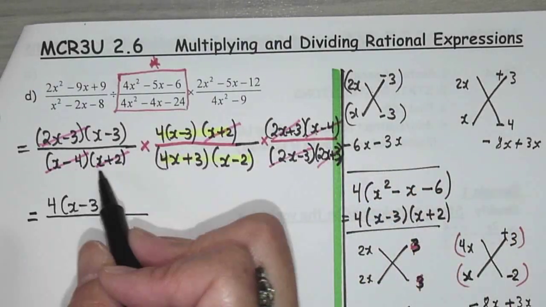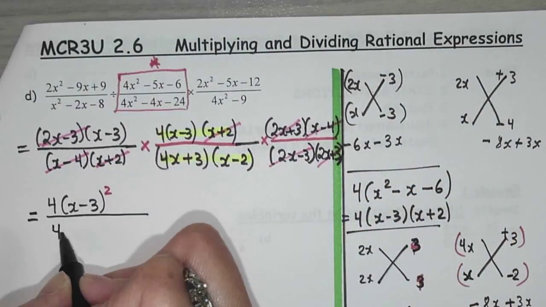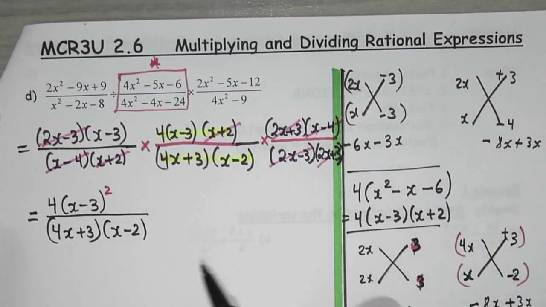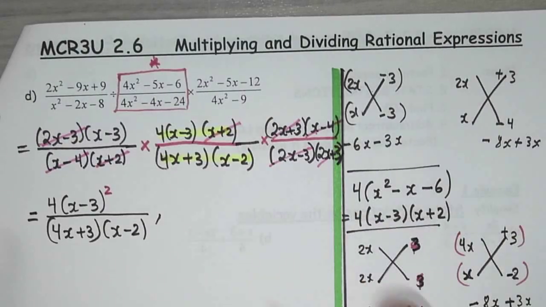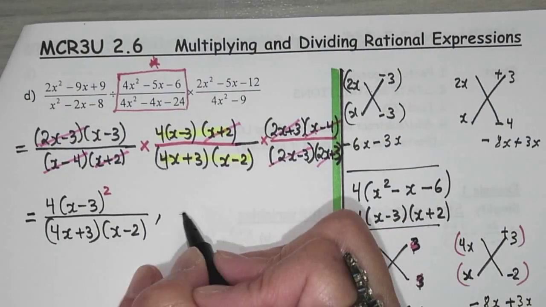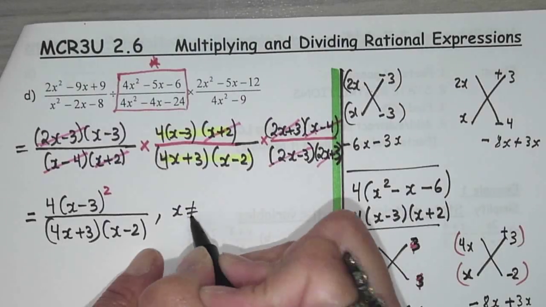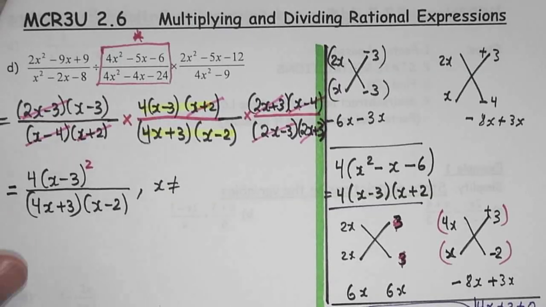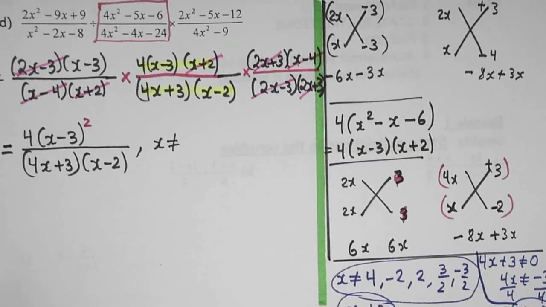Nothing. Yep, all gone. Okay, and then here, 4x plus 3 and x minus 2. Nothing else? Okay. Let's list all of our restrictions. X cannot equal. Here we go. I want to get all these guys on the bottom here.